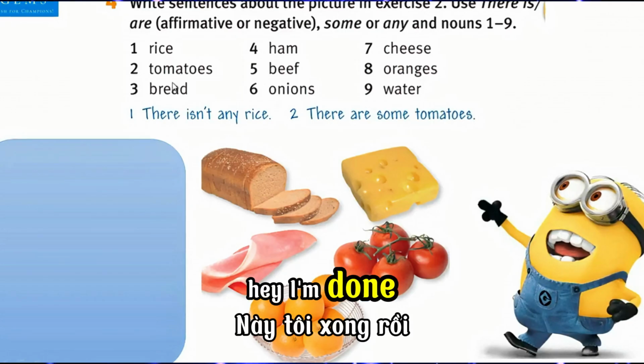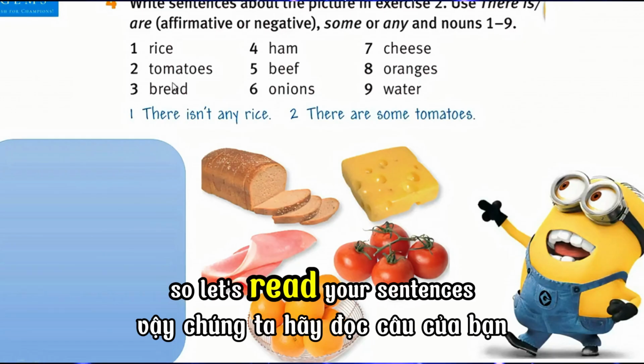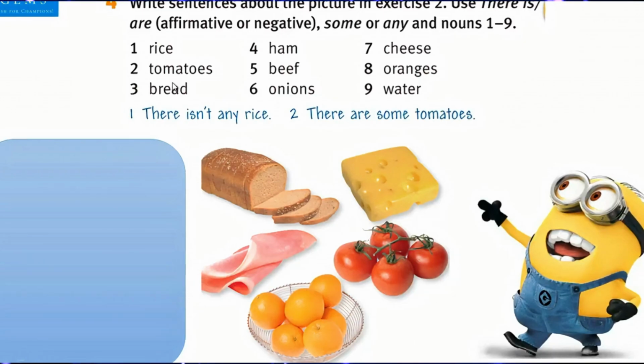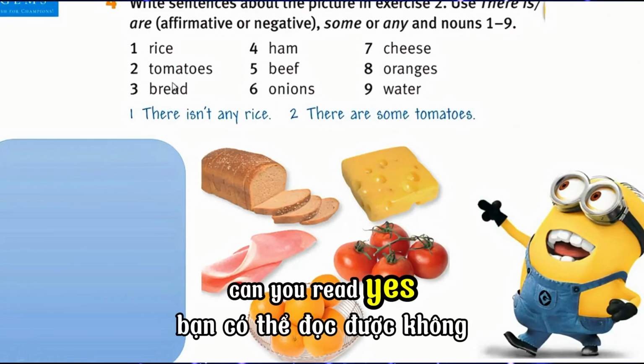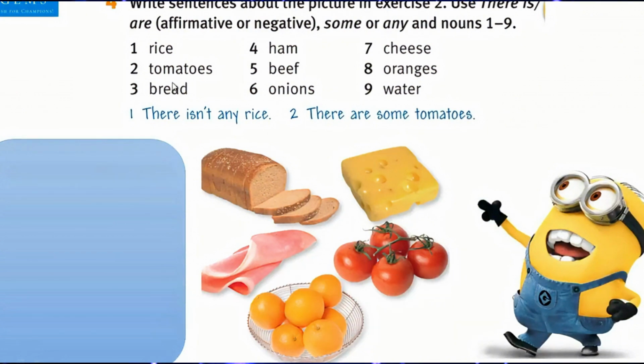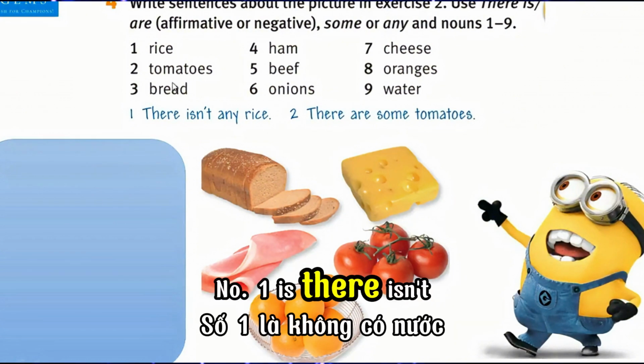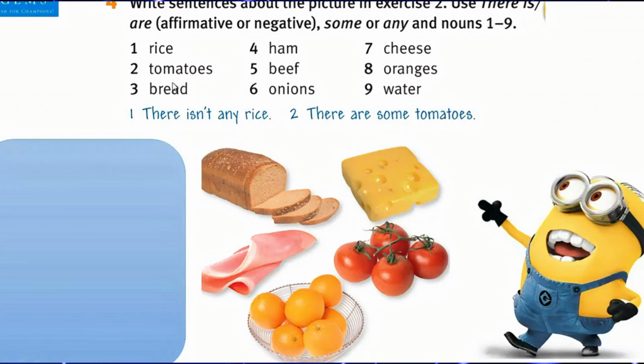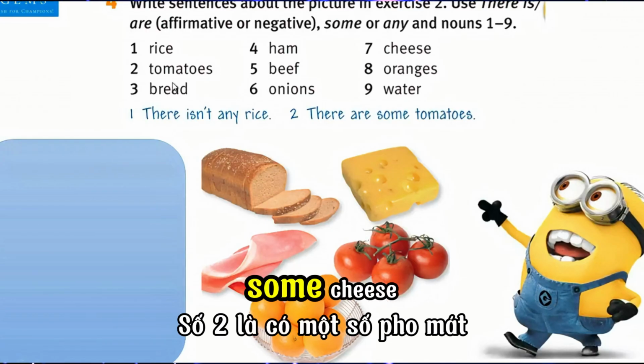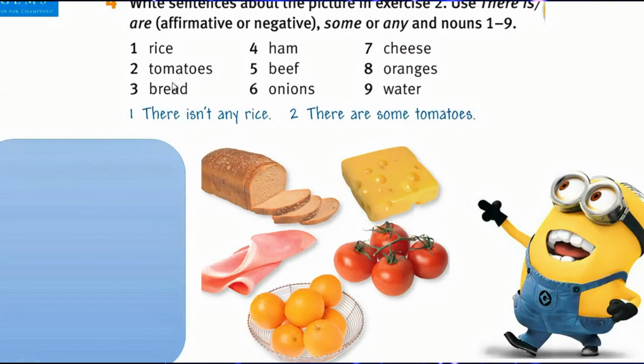Hey, I'm done. All right, great. So let's read your sentences. Can you read what you have? Number 1 is there isn't any water. Number 2 is there are some cheese. There are some cheese. Okay.